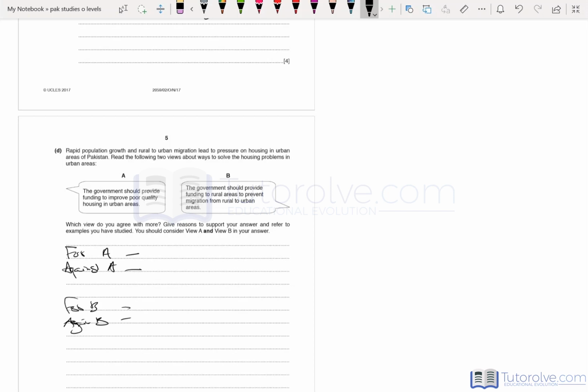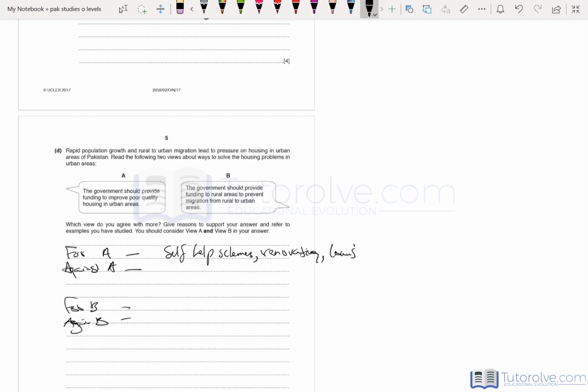Now, with regards to for A, you would talk about some self-help schemes and renovating and loans to build houses, all of those things that the government can do.